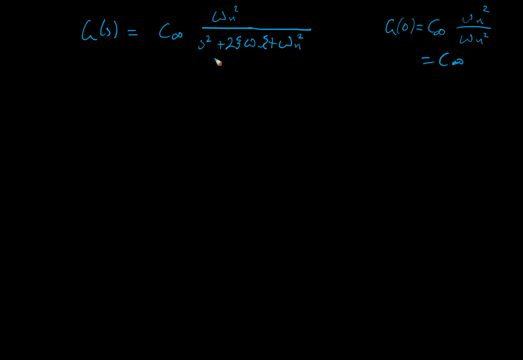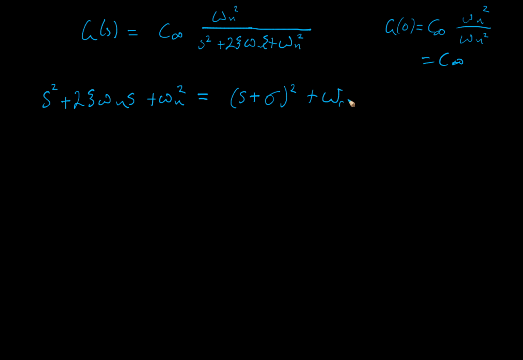Okay. Now, what about the denominator polynomial? Well, if we relate this to the previous representation, s squared plus 2 zeta omega n s plus omega n squared has to equal (s plus sigma) all squared plus omega.